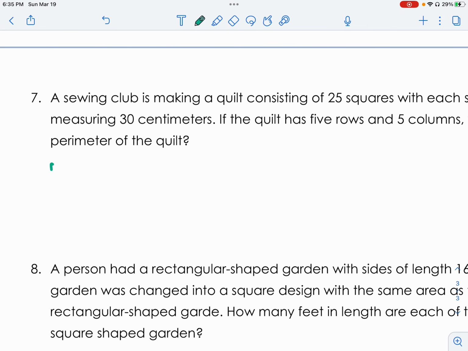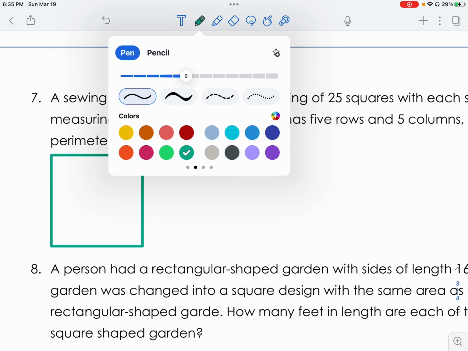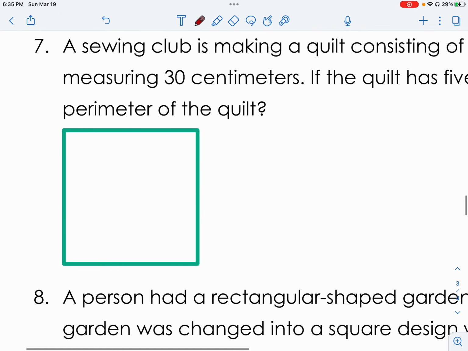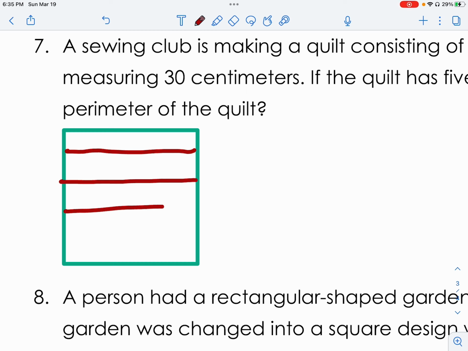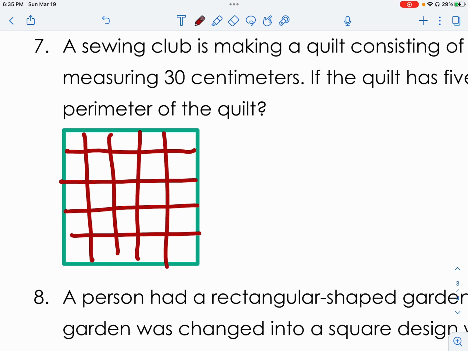So let me try my best to draw us a visual here. Here's our square. There, okay. There's our square, and we have 5 rows and 5 columns. So it looks something like this. There's our 5 rows. There's our 5 columns.